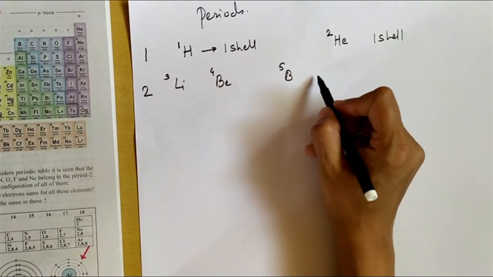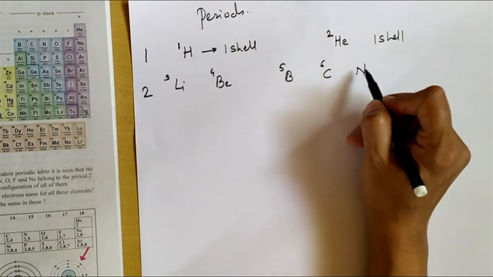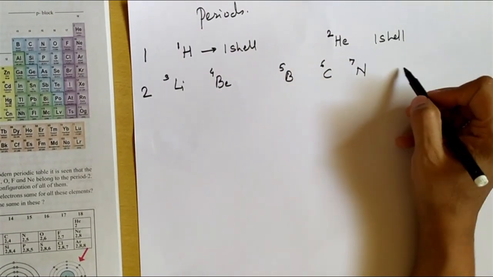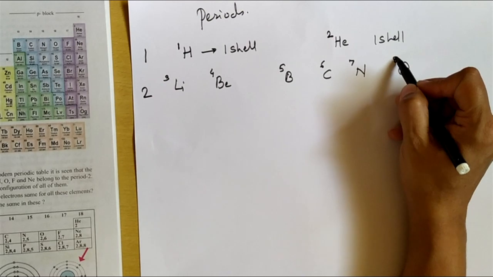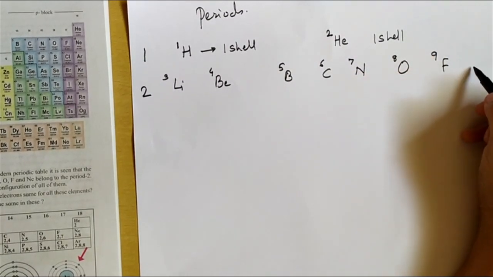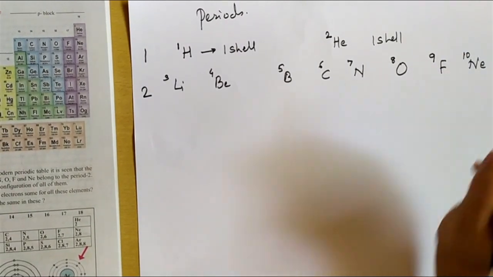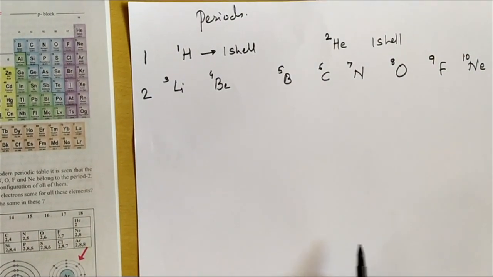Then second period, it is lithium, atomic number 3, beryllium, atomic number 4, boron, atomic number 5, carbon, atomic number 6, nitrogen, atomic number 7, oxygen, atomic number 8, fluorine, atomic number 9, and neon, atomic number 10. Now how is the electronic configuration?